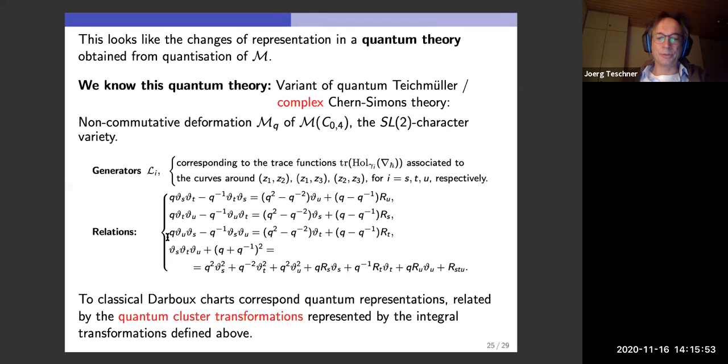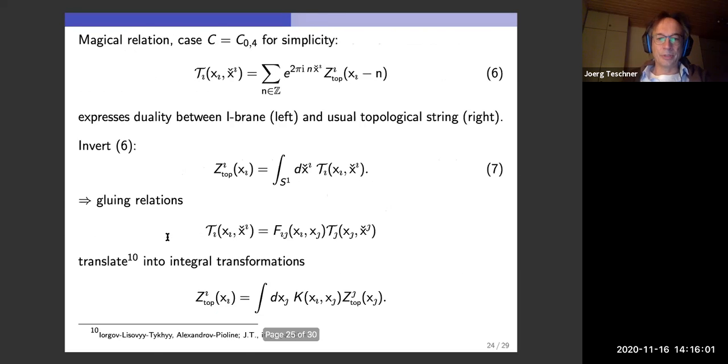So the point is really that yes, you have a deformation here of two types. On this side of the story, in the I-brane picture, you have what you could call quantum periods, which are, however, classical objects generating a commutative algebra, which are h-bar deformations of the periods A and B.